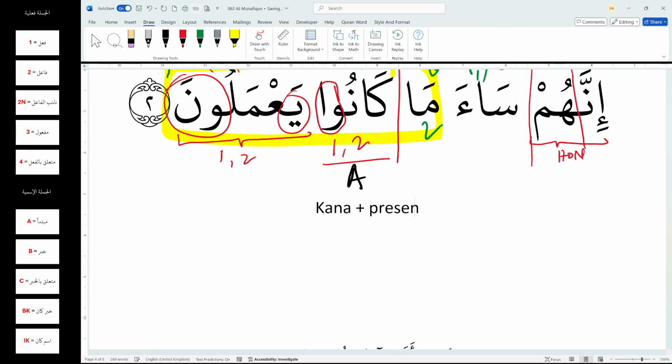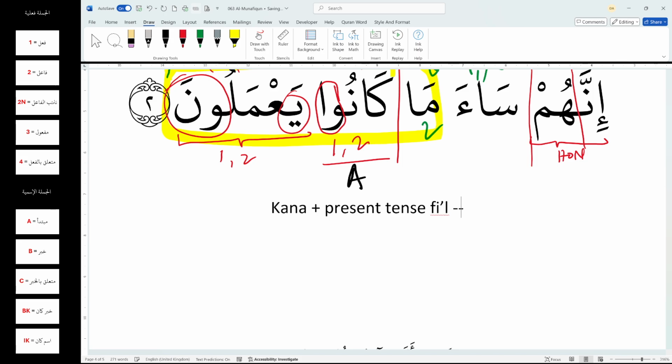When you have a construct like this, this construct is translated as X used to do Y, or X is Ying.